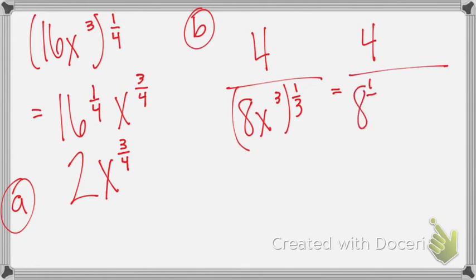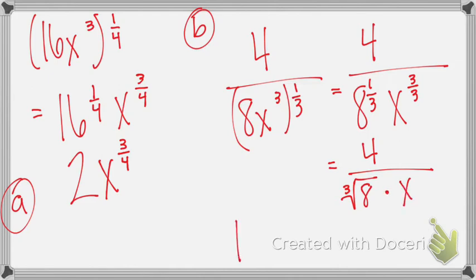We say 8 to the 1/3 power and x to the 3/3. 8 to the 1/3 power is the same thing as the cube root of 8 times this x, and we know that the cube root of 8 is 2, so we're left with 4 over 2x, but can I simplify and say 4 divided by 2 is a 2 over x? Okay, you have to keep that x on the bottom.